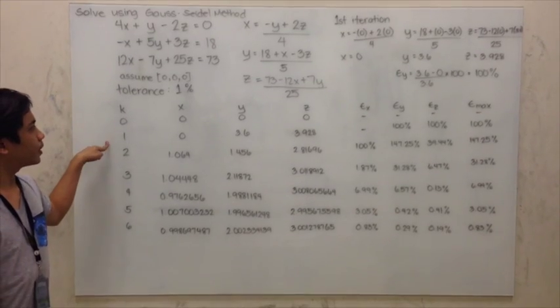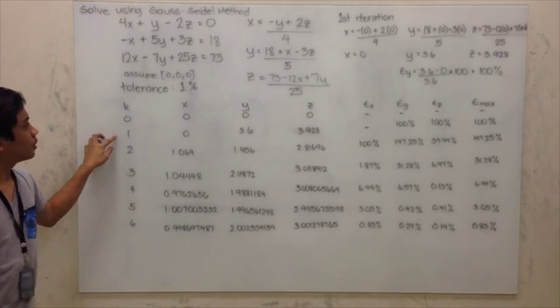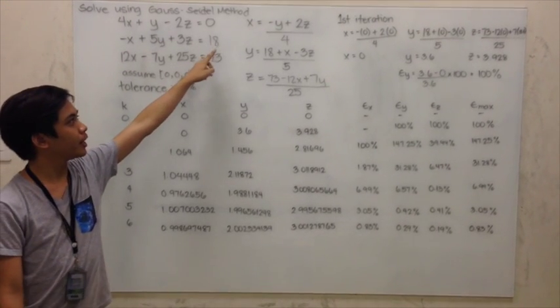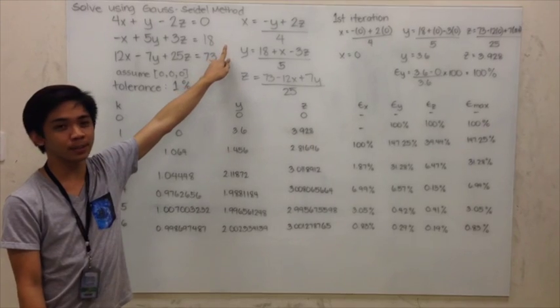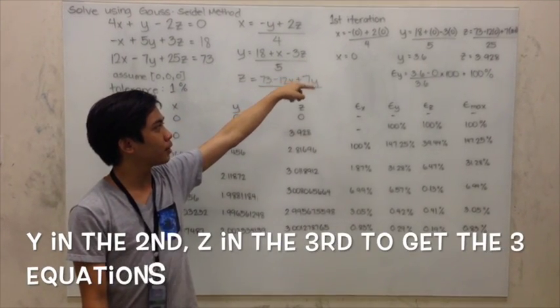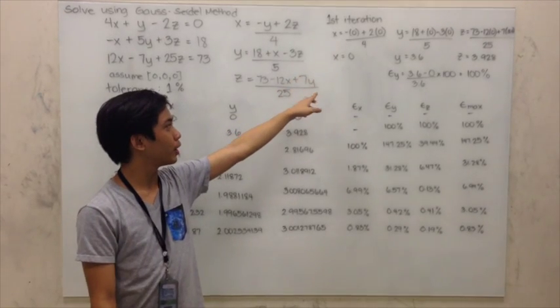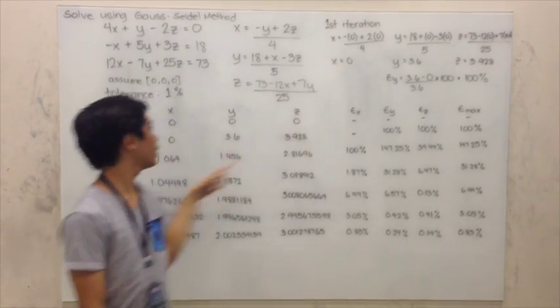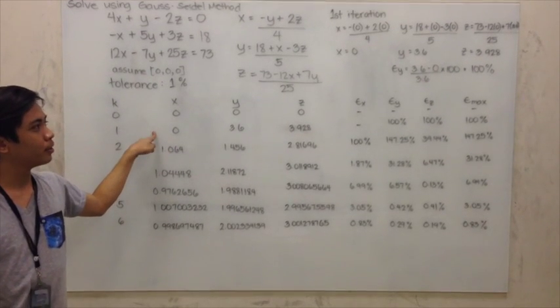So for our first iteration, we're going to substitute the given initial values of 0, 0, 0 into our first equation, x is equal to (negative y plus 2z) over 4. So we have x is equal to (negative 0 plus 2 times 0) over 4. Then we have x is equal to 0. And then we're going to write that in our table.